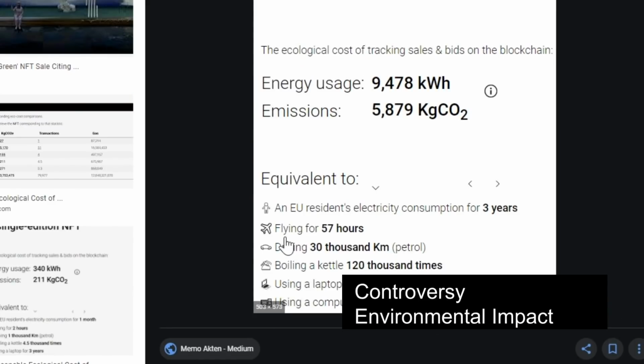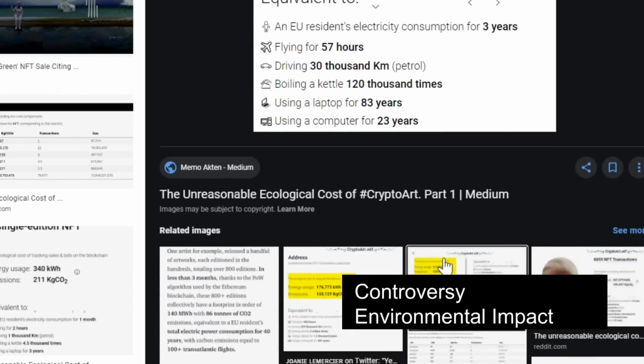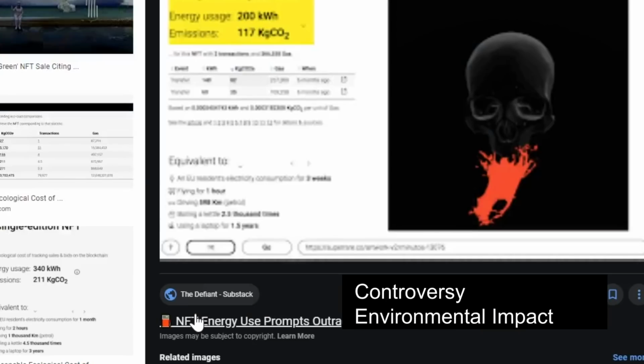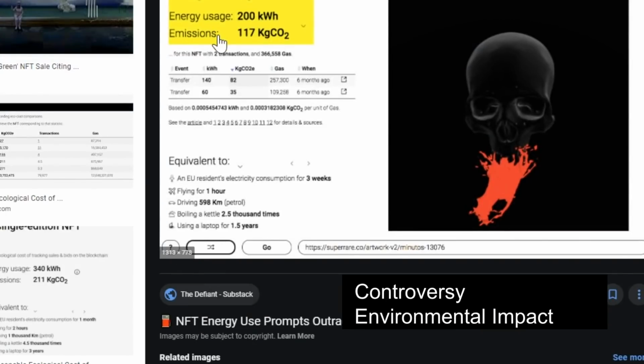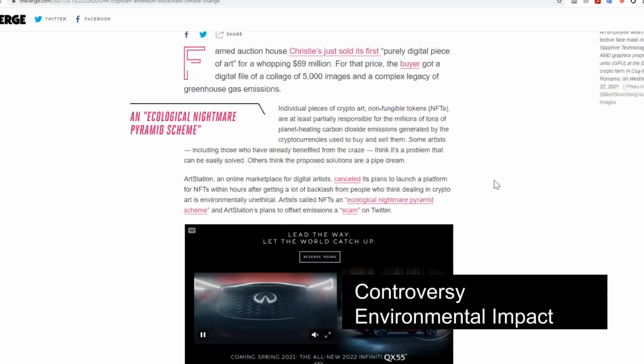And a lot of people that I've talked to who have been in the cryptocurrency business or the crypto art world do admit that it is pretty bad. But there's another side that says that whole argument is blown out of proportion. It's not that bad. It's pretty bad, but it's not as bad as that. Some people say it's lobbyists or big companies trying to scare people like us to not get into this crypto art world.